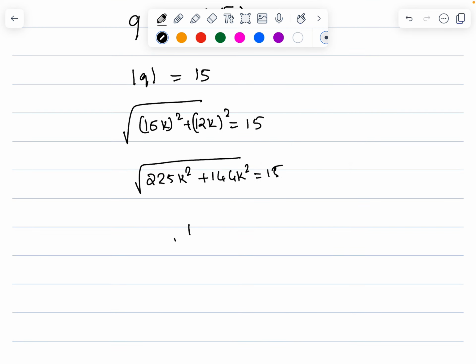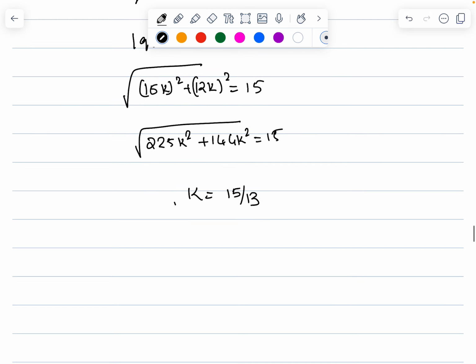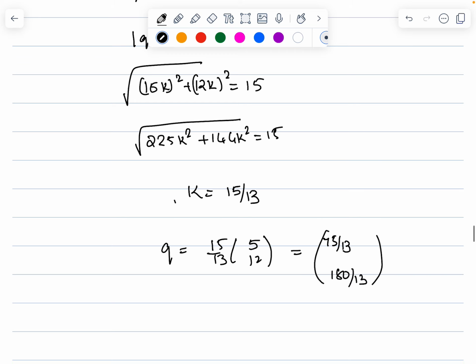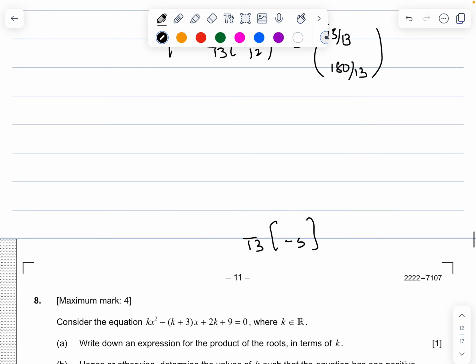From here, solve the value of K. Directly I'm writing it out. K value is 15 by 13. So what will be the value of Q now? 15 by 13 times (5, 12). You can leave it here or you can write 75 by 13 and 180 upon 13. This is going to be the final answer for question number 7.